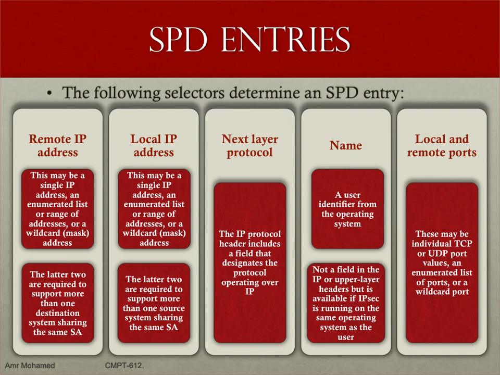So even from the application level, we can provide local and remote ports. In fact, here we can have access to the TCP port or the UDP port, and in that case, we can provide the selectors based on the port number or the username. So we can filter traffic based on the ports, which means the application, or the username, or the IP addresses. Okay?